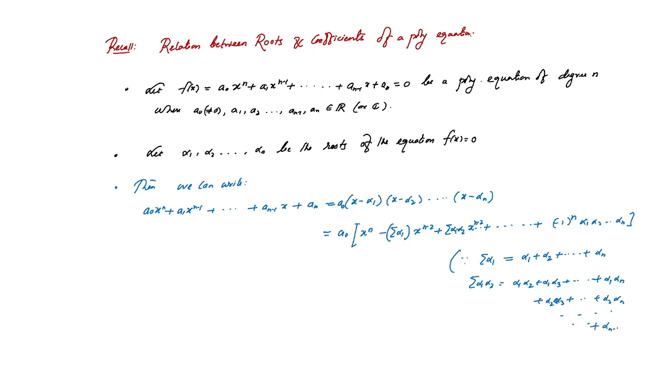The last is alpha n minus 1 alpha n. This is exactly the meaning of summation alpha 1 alpha 2. In that way, we think about summation alpha 1 alpha 2 alpha 3, and the last one is alpha 1 alpha 2 up to alpha n.